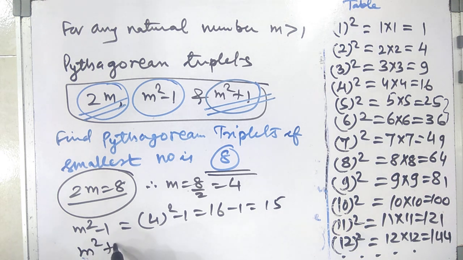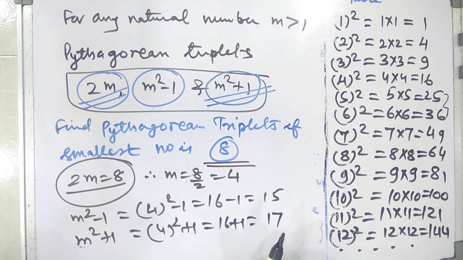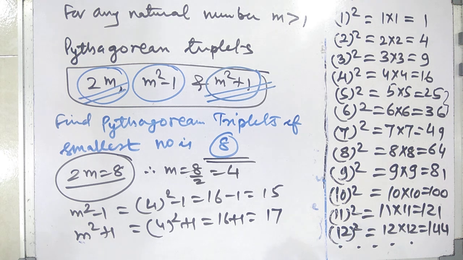And m square plus 1: 4 square plus 1, 16 plus 1 is equal to 17. So the Pythagorean triplets are 8, 15 and 17.